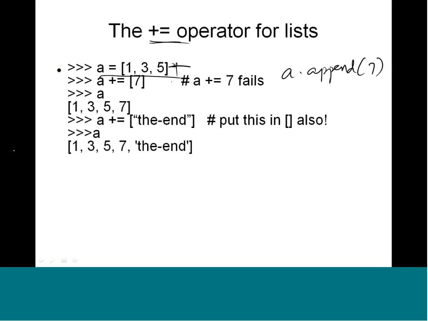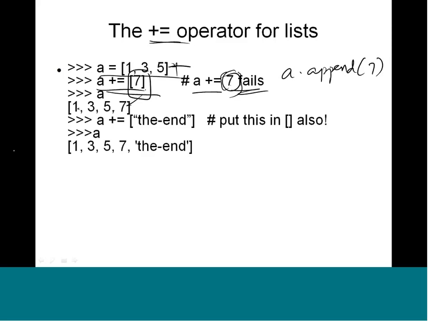We can also do just simply a += [7] with the square brackets, and this will add that element into that list. But if you try just a += 7, this is a failed case because you need to specify the 7 inside a list for it to be added to the existing list. So when we do this, the result is 1, 3, 5, and 7.